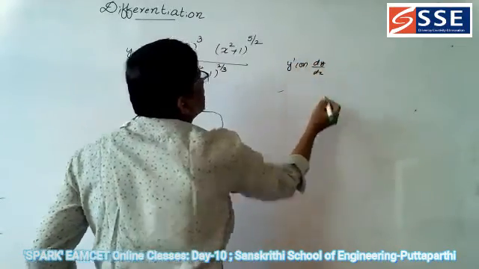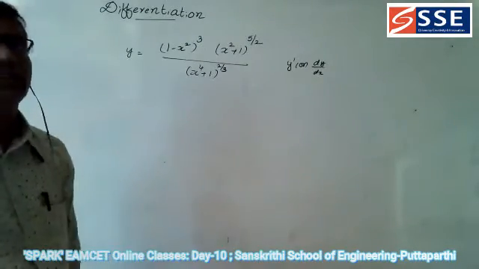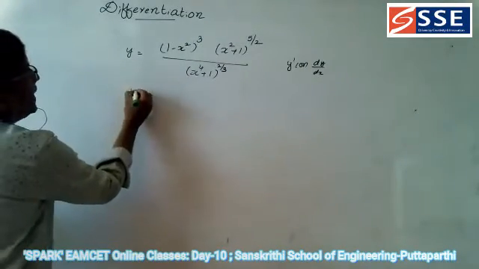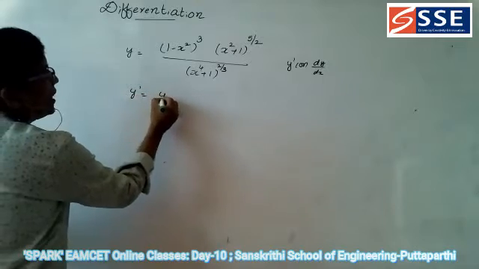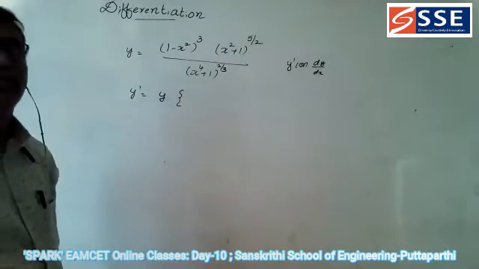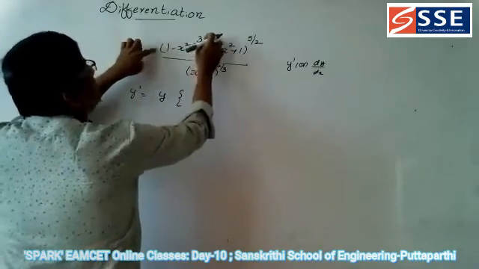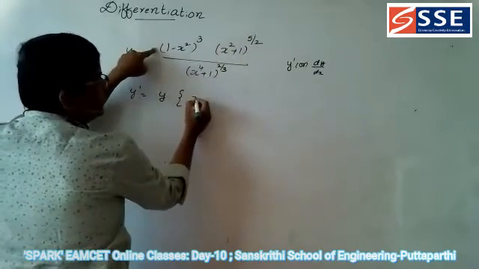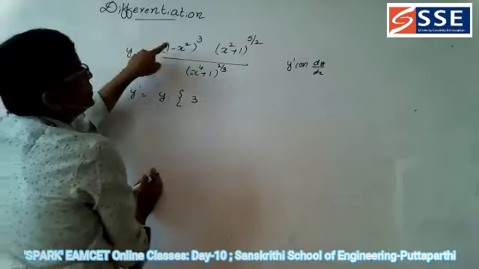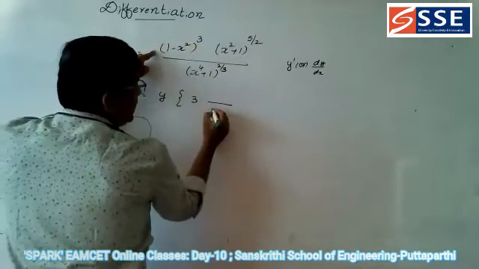How can you do the answer for this? Once again, observe clearly. As usual, y dash is equal to, write directly, y into, meaning the same term once again. If you differentiate it, automatically 3 will come in front, 3 into. If you take log, what it becomes, 1 minus x square, write down.